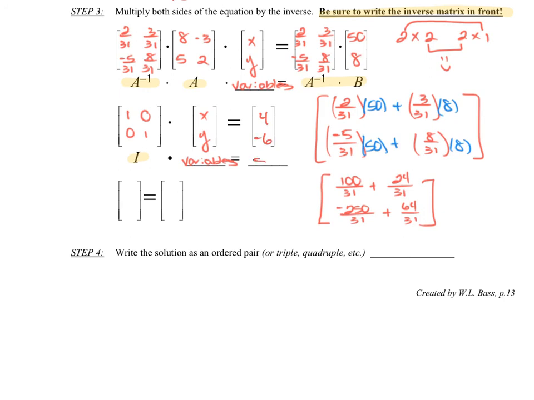So this right-hand side then becomes our solution. So we can say that x, y is 4, negative 6, or we can actually write it as an ordered pair, 4, negative 6. So that is how we are going to use our inverses to find our solutions.